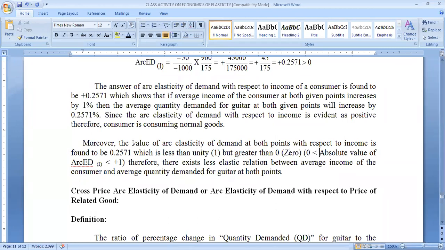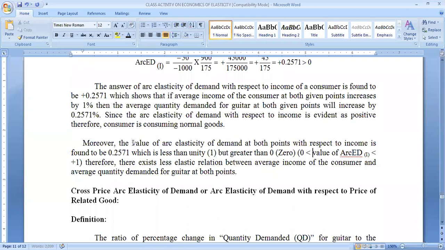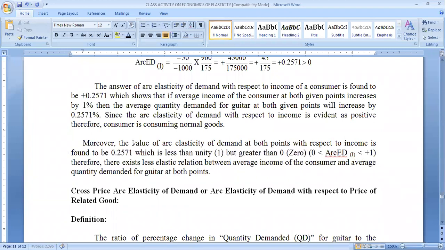Therefore, there exists a less elastic or inelastic relation between average income of the consumer and average quantity demanded for guitar at both points. So up till here, we have answered question number 7.